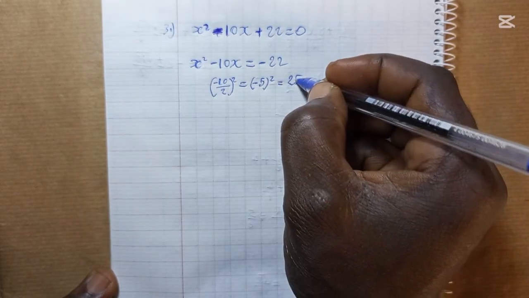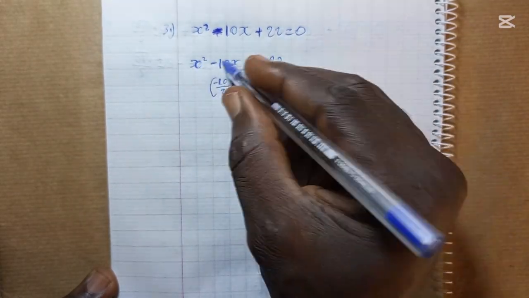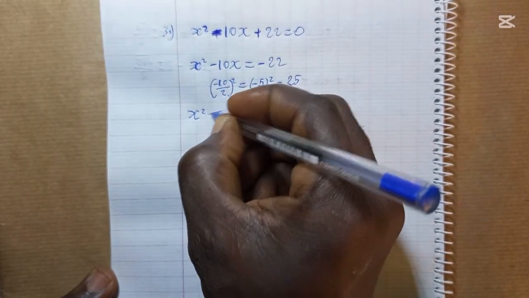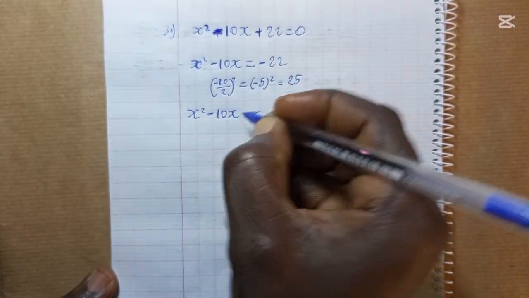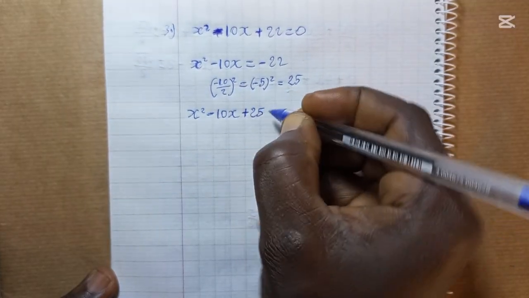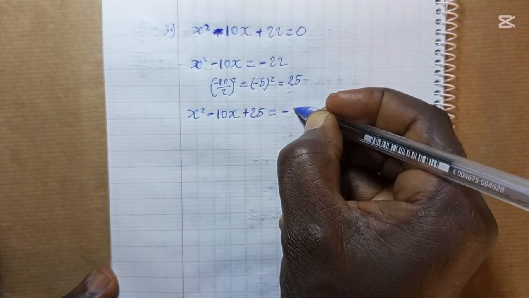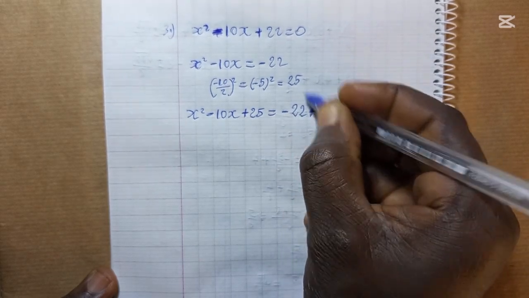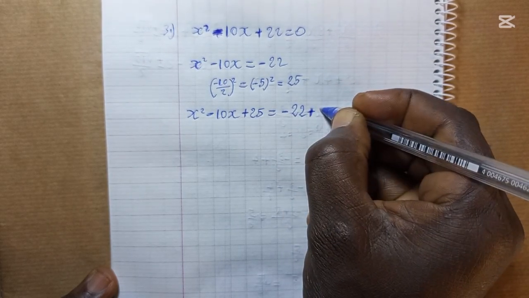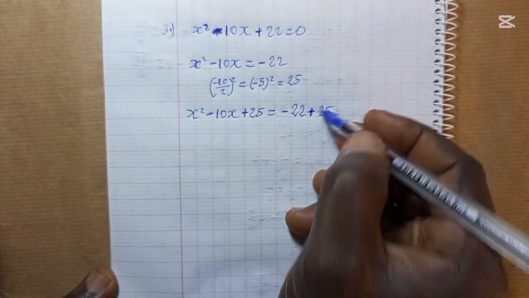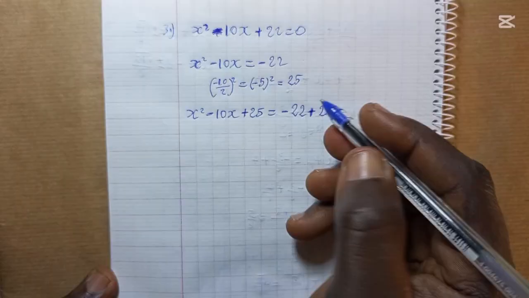Then we add 25 to both sides of the equation. So x squared minus 10x plus 25 is equal to minus 22 plus 25. I just added 25 to both sides of the equation.